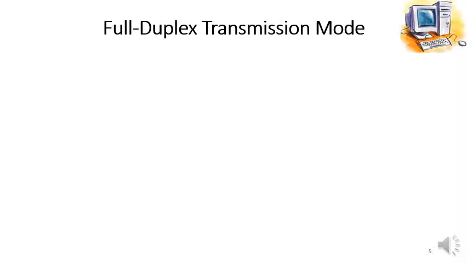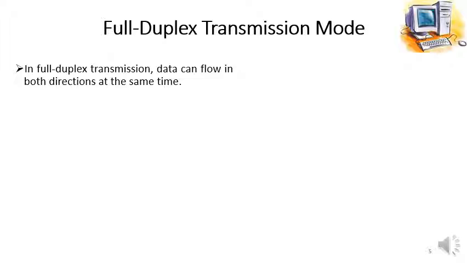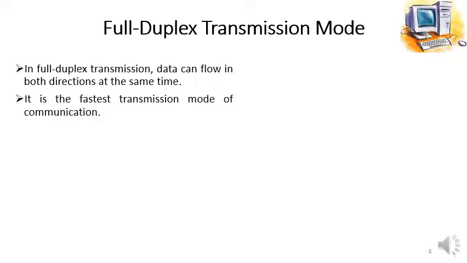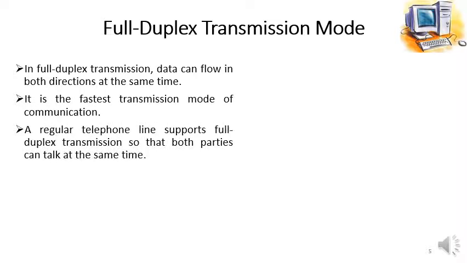Full duplex transmission mode, the advanced communication system. In full duplex transmission, data can flow in both directions at the same time. It is the fastest transmission mode of communication. A regular telephone line supports full duplex transmission so that both parties can talk at the same time.